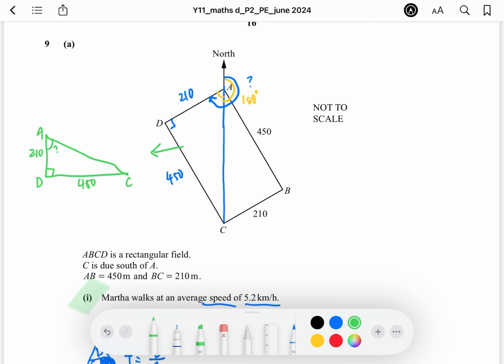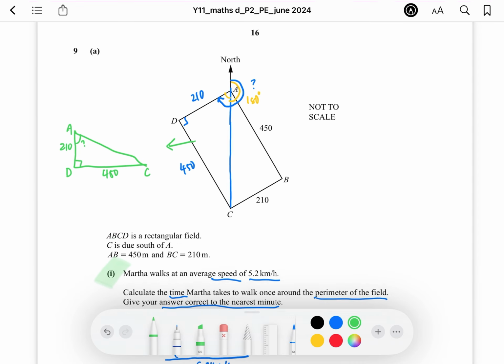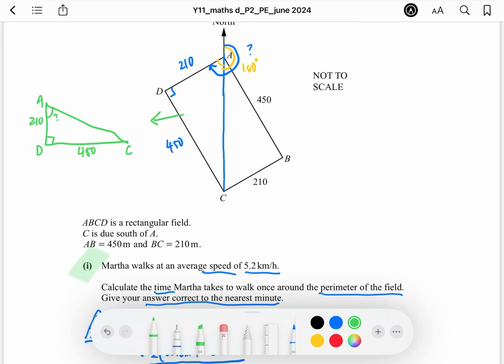So this is a trigonometric question. So the hypotenuse is here, the side where both angles are is the adjacent. That means the remaining side is the opposite. So that means we're going to deal with A and O, which is TOA.